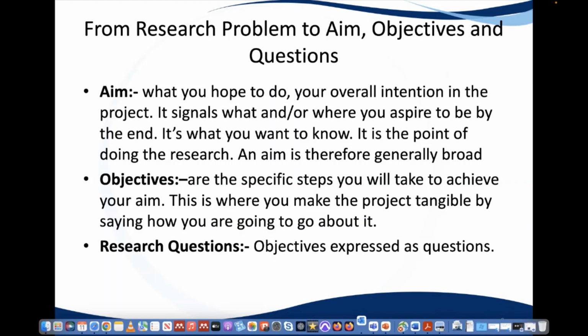Other forms of research, where people are doing it for market purposes, for other reasons, can have more than one aim. But all the studies that you would do as a student will always only have one aim. And the number of objectives, they can have a number of objectives, because the objectives are the steps that you will take to achieve the aim.